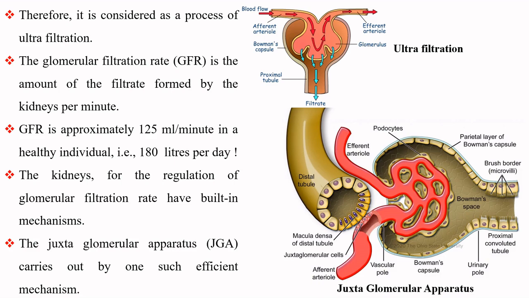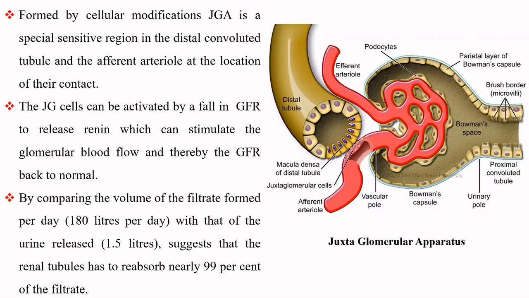The glomerular filtration rate is the amount of the filtrate formed by the kidneys per minute. GFR is approximately 125 ml per minute in a healthy individual, that is 180 liters per day. The kidneys have built-in mechanisms for the regulation of glomerular filtration rate. The juxtaglomerular apparatus carries out one such efficient mechanism.